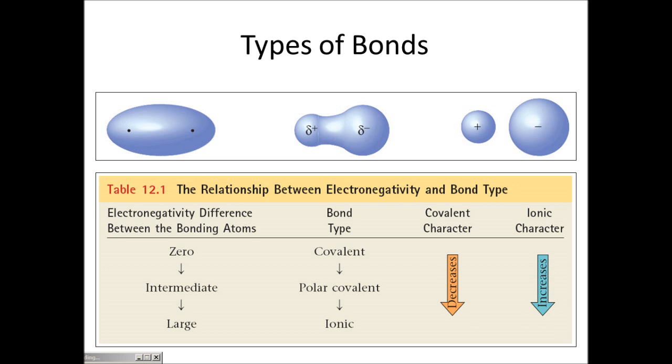size of the atom. If the outer electrons are more attracted to the nucleus, they are going to be held more tightly and more closely to the nucleus. So as you go higher in the periodic table and to the right, you should see smaller atoms, more electronegative atoms, and higher ionization energies.